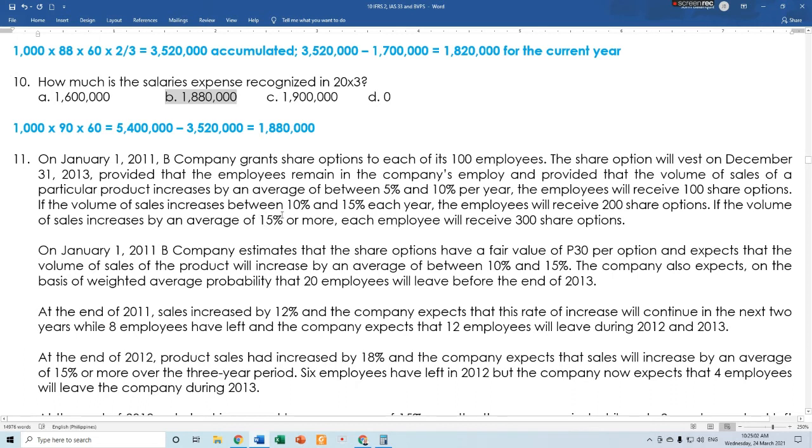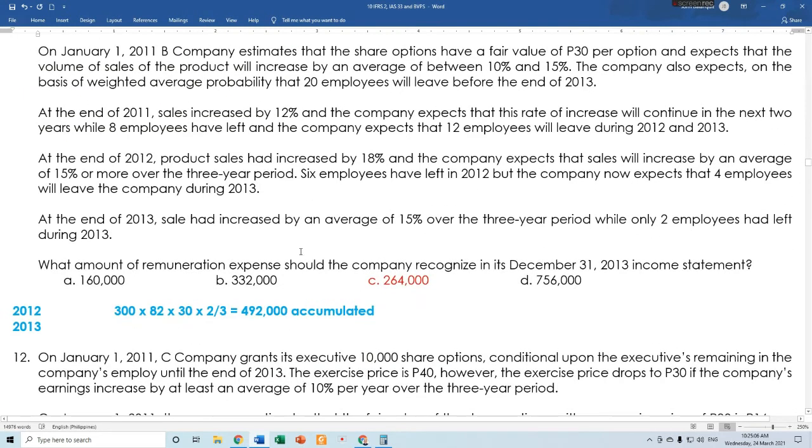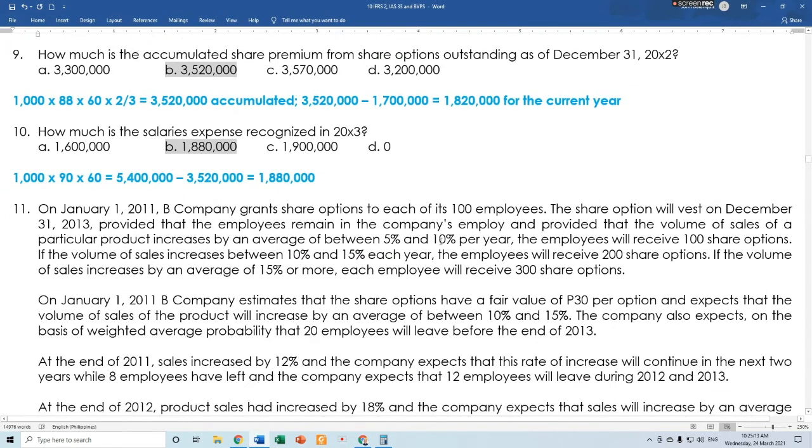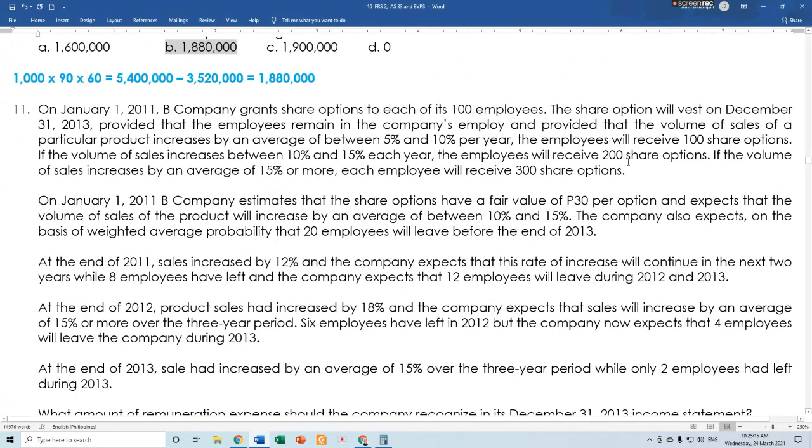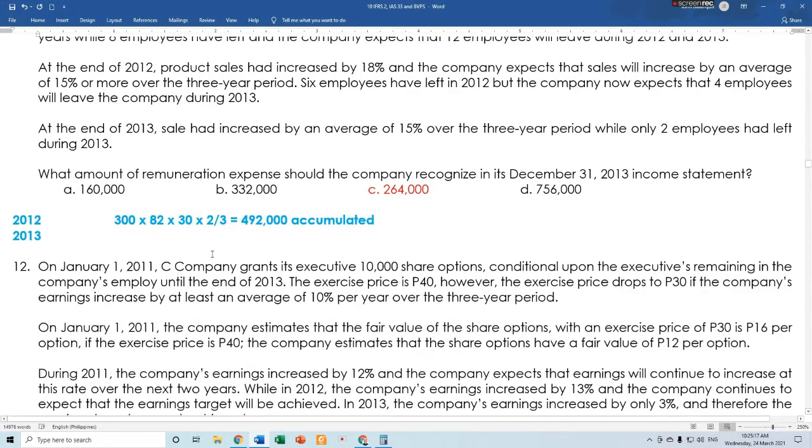So technically, kung 15% lang siya, sales had increased by an average of 15% over the 3-year period. So ibig sabihin, doon lang tayo sa 10 to 15. So 200 share options lang dapat yung i-grant natin.